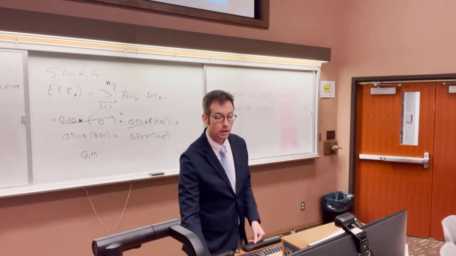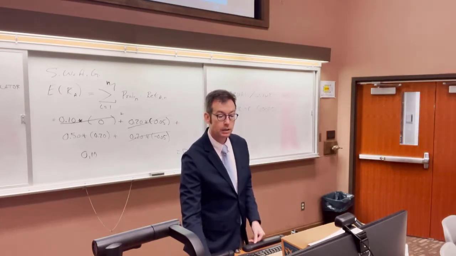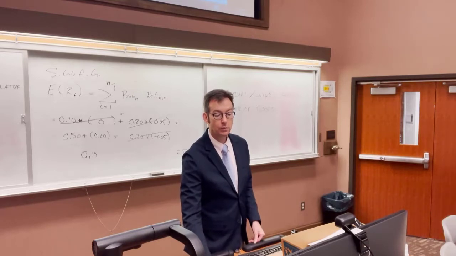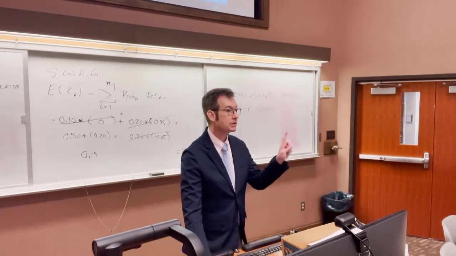I'm going to take 0.2 times, oh, no, sorry, I'm going to start at the very beginning. Negative 0.3 minus the expected return of 0.15. That's where we get this negative 0.45. What's my next step?